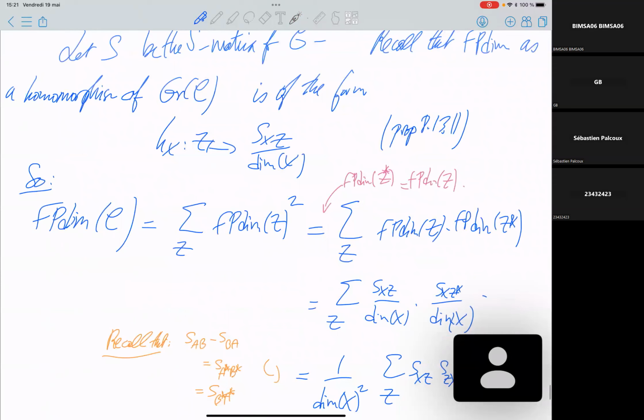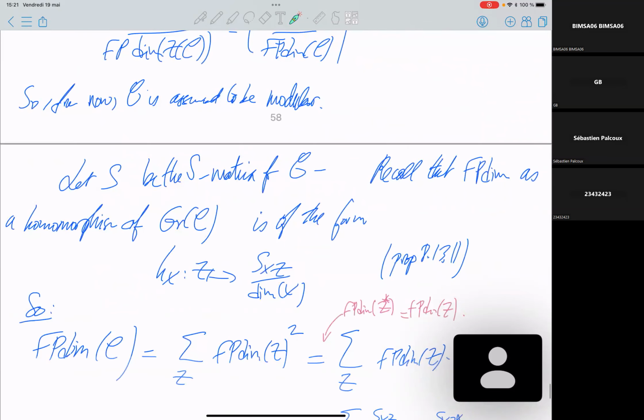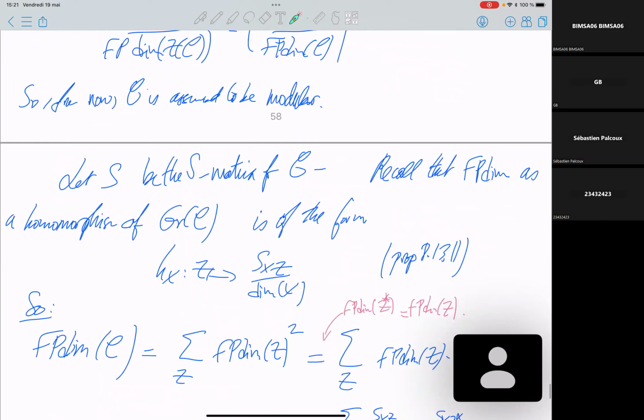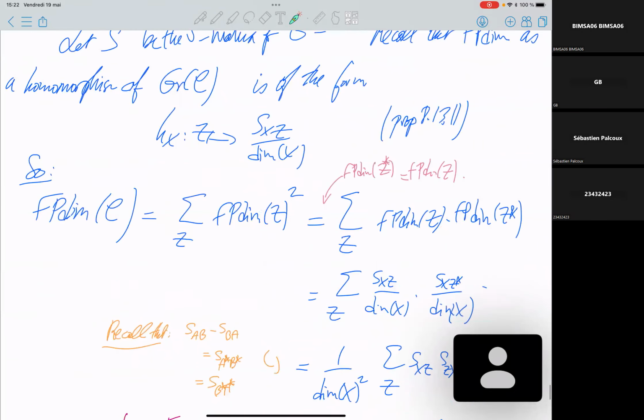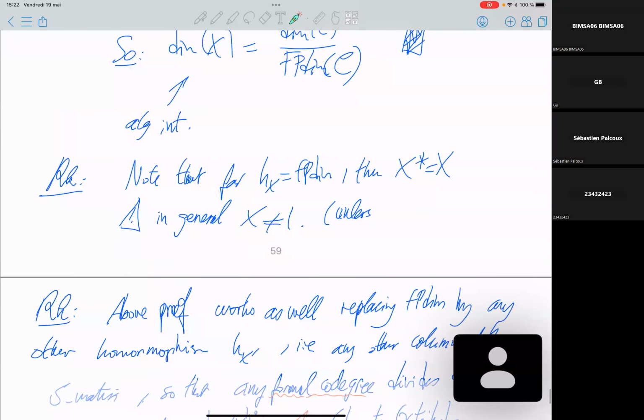Okay, so yesterday we proved that for any fusion category over the complex field, the Frobenius-Perron dimension divides the categorical dimension in the algebraic sense, and in fact, the ratio is less than or equal to 1, which is surprising if you have just integral intuition, but that's okay.